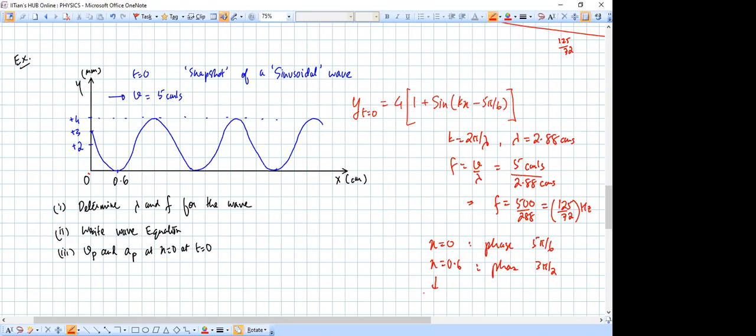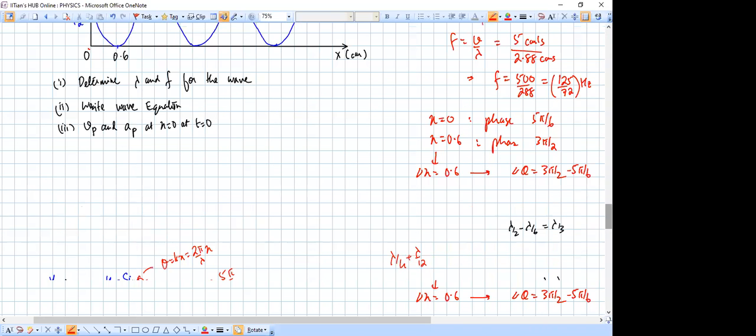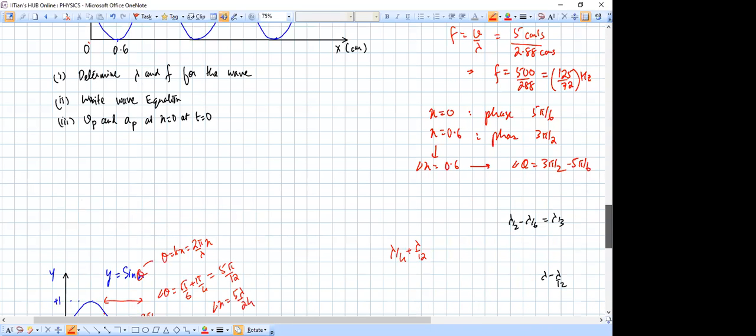So delta x equal to 0.6 corresponds to a phase difference of this much, no? This should be the direct way of understanding it.